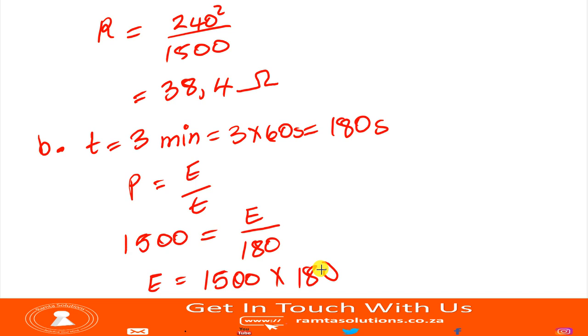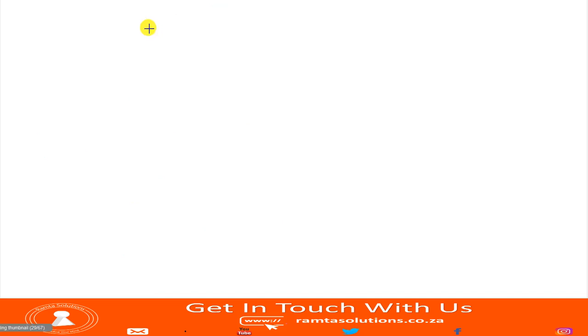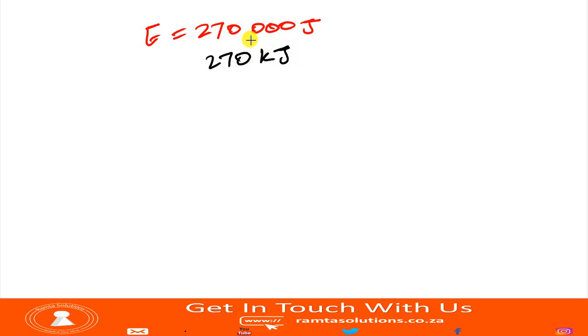It's equal to 270,000. So energy is equal to 270,000 joules. If you like, you can write this as 270 kilojoules, because this is 1,000. Happy? Perfect.